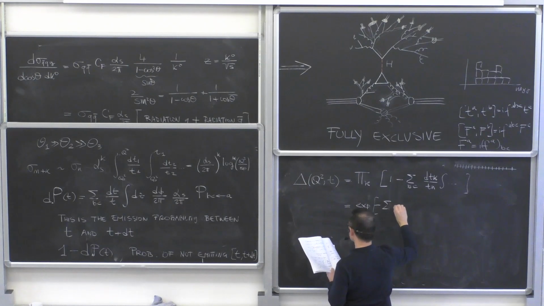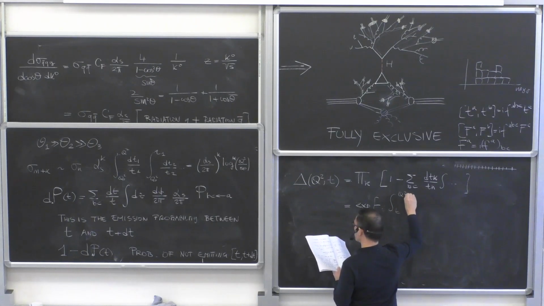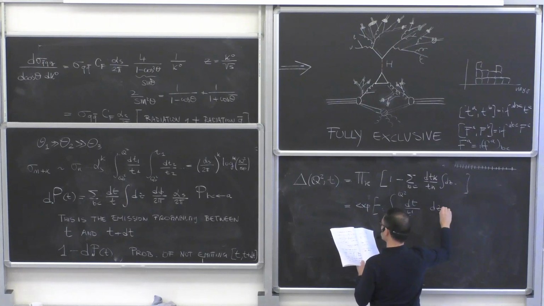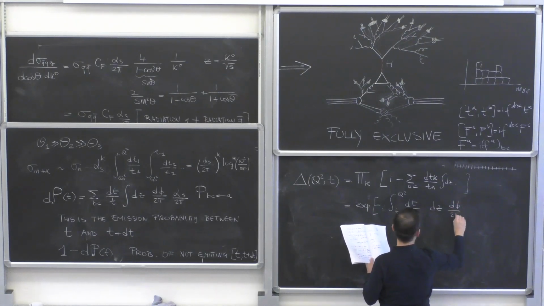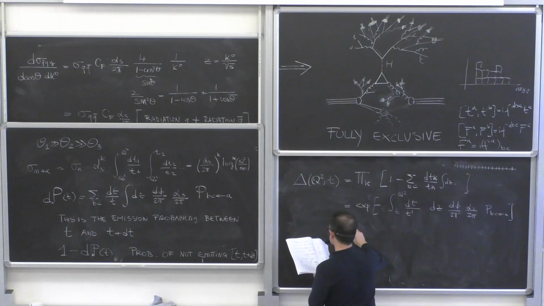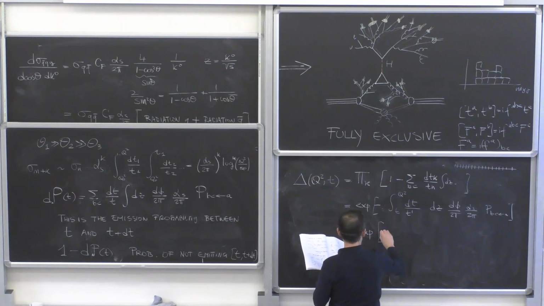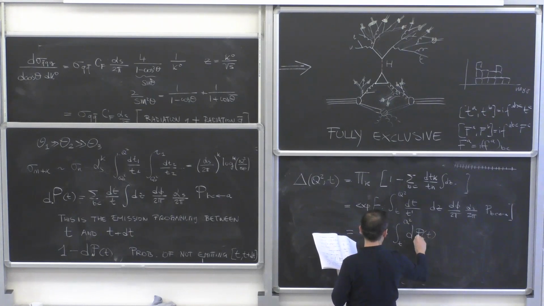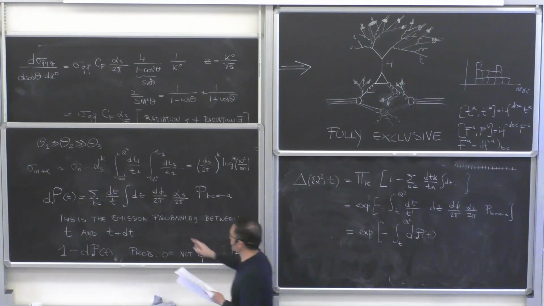And this is the exponential of the sum, if these are small numbers: the exponential of the integral from t to Q squared of dt prime dv dphi over 2 pi, alpha_s over 2 pi P. So this is exp of minus the integral from t to Q squared of dt of this one.